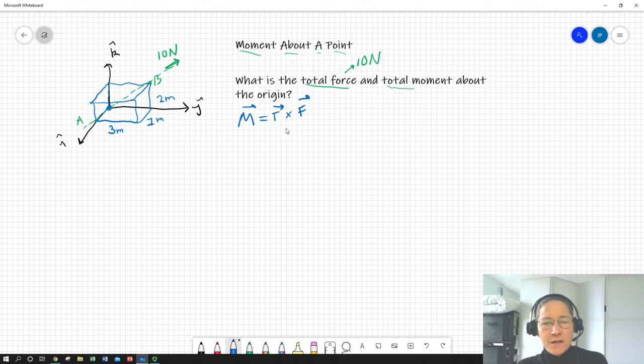Now all I need to do is get a vector expression for the radius, and since it's about the origin that I care, I need a radius vector from the origin to any point on the line of action of that force. Being that I like to keep life simple, I'm going to use this radius vector, because point A is on the line of action of force.